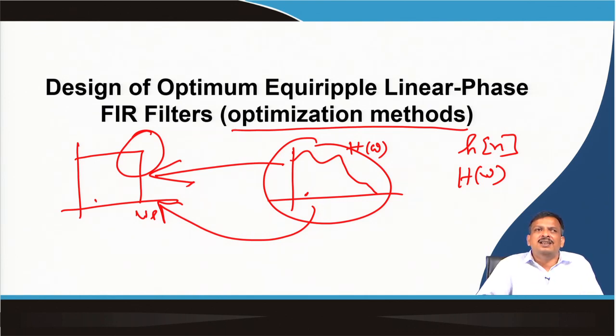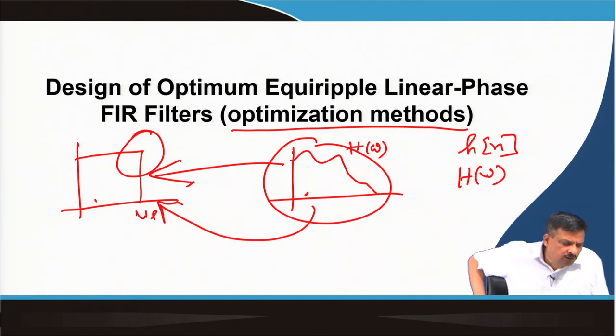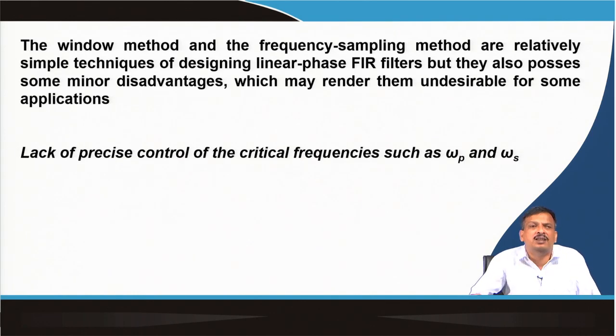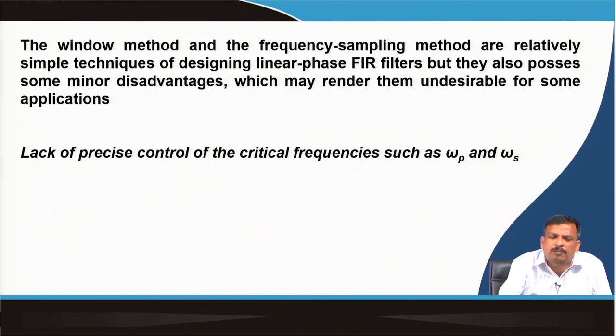So, what I said is the design of an optimum equiripple linear phase FIR filter using optimization methods. Why do we go for these methods? Let us talk about that. The window methods and frequency sampling methods are relatively simple techniques to design linear phase FIR filters, but there are certain limitations.